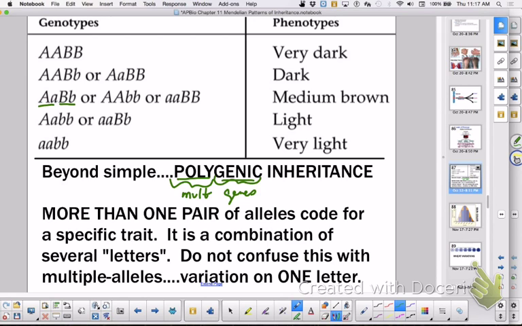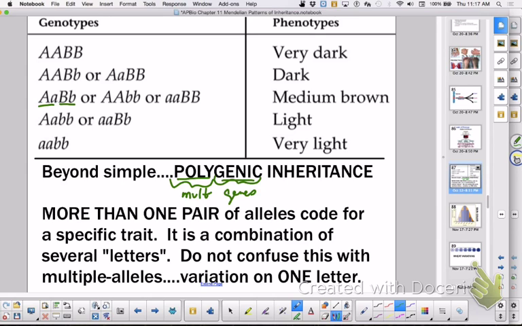So I want you to look. What must you have in your polygenic trait in order to be medium brown? What is the qualifier for being medium brown? Look at the three options, and what do they all have in common?